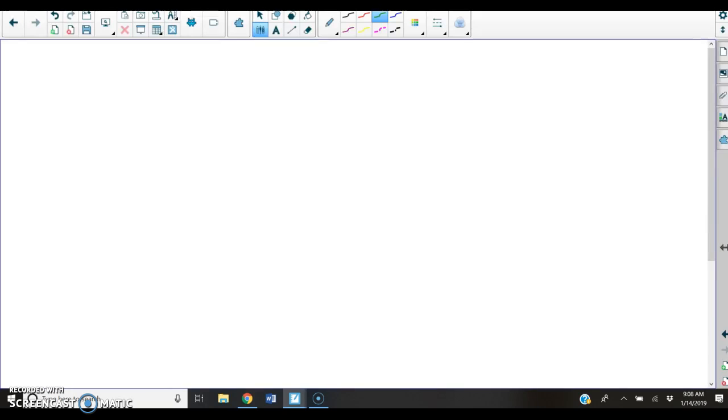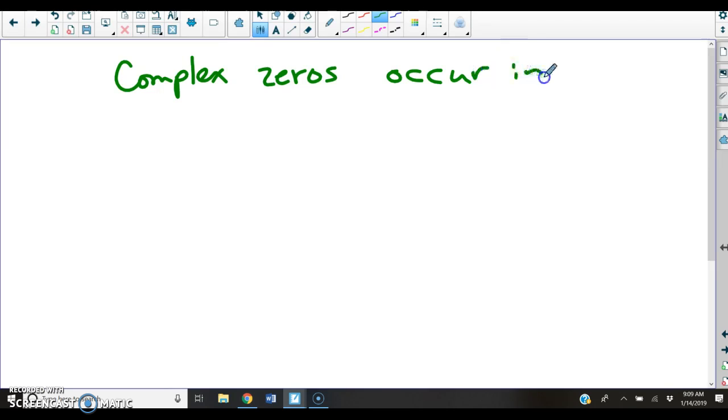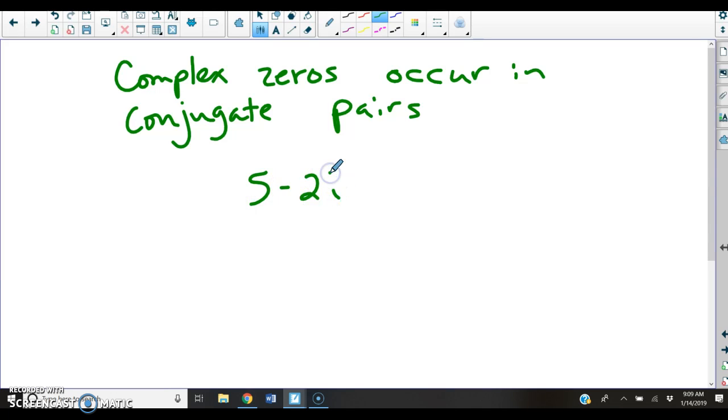If you're given the zeros, remember complex zeros always occur in conjugate pairs. Okay? They always occur in conjugate pairs. So if 5 minus 2i is a root, 5 plus 2i is a root, or a 0, or whatever you want to call it. Those are what x equals.